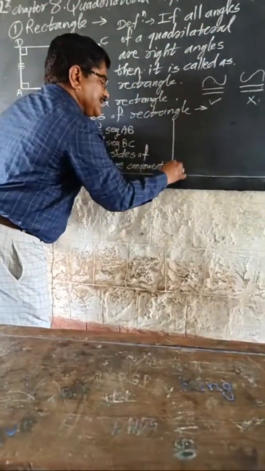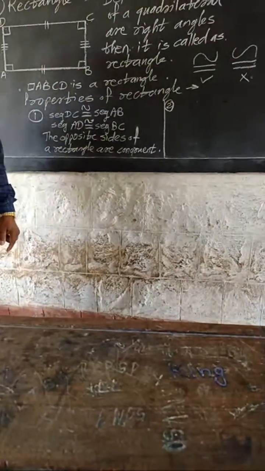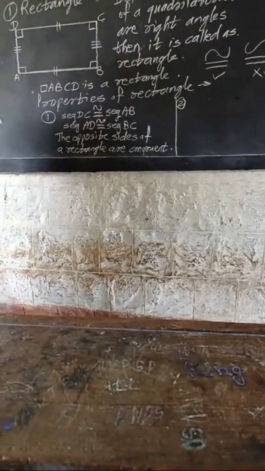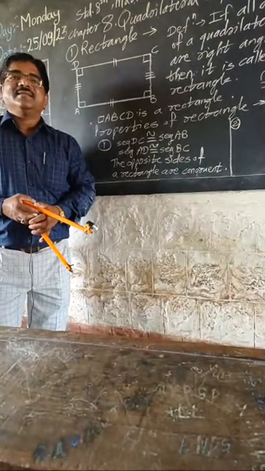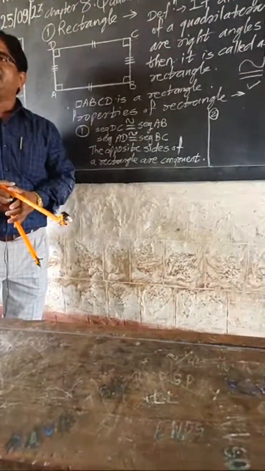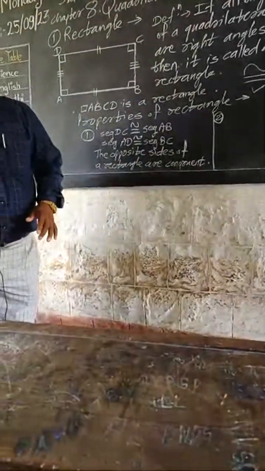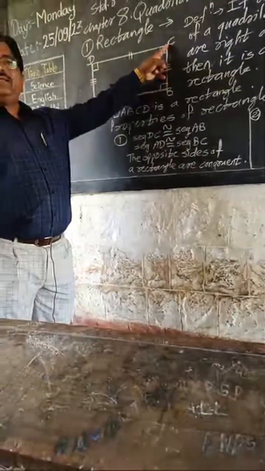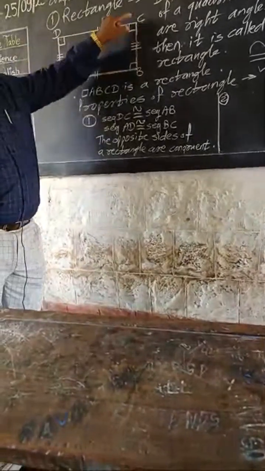Then the second property we discuss here. Measure which lengths? Anyone can give the answer. Which lengths do we measure here? AB and DC we measure the length. Another pair is AD and BC.